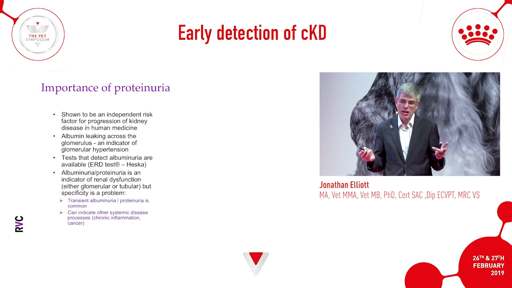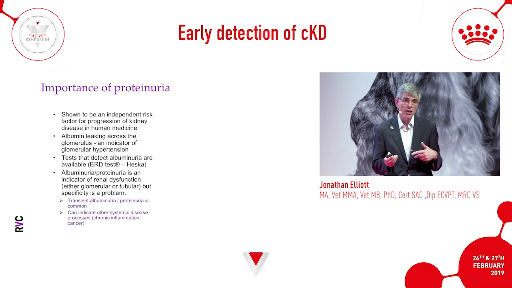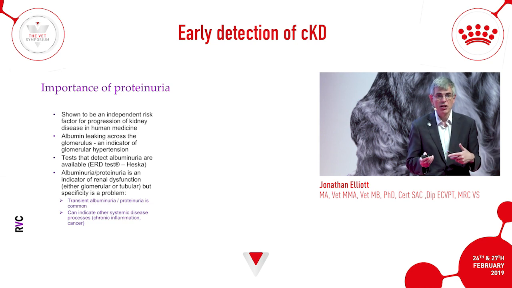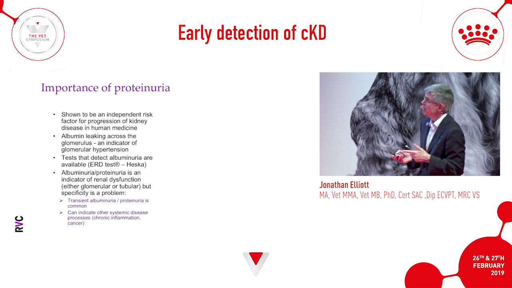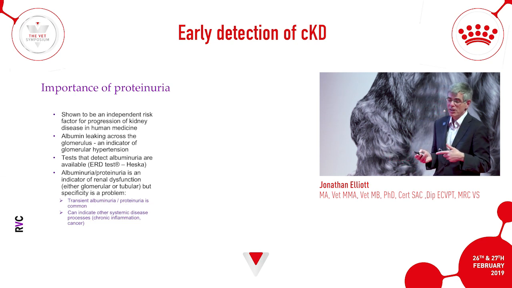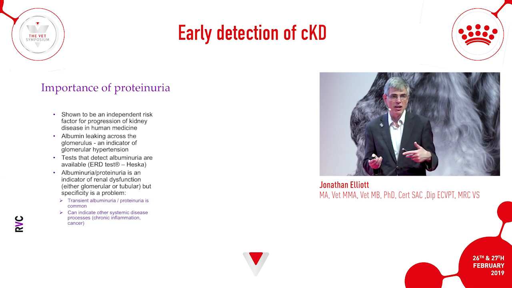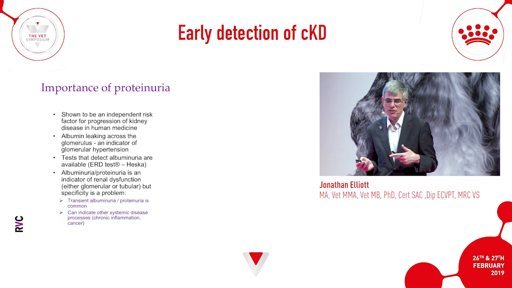So albuminuria, proteinuria is an indicator of renal dysfunction, either glomerular or tubular dysfunction, because remember that normally some albumin leaks across the glomerulus, but it's returned by tubular reabsorption of that protein. So transient albuminuria is common, and it can be an indication of other systemic diseases, chronic inflammation and the like. So you need to really demonstrate that it is persistent.